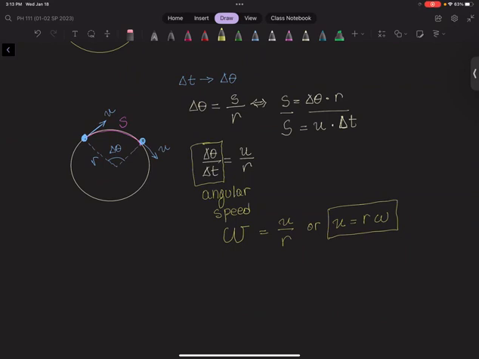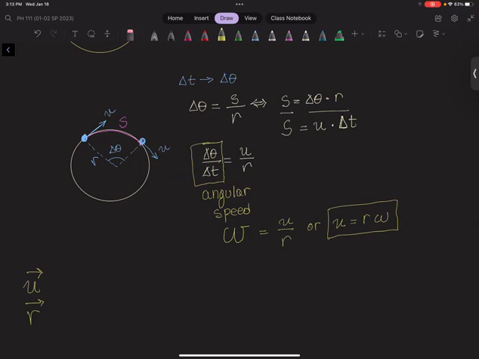U is a vector, yes? Yeah. What about R? You can conceive it as a vector, right? What of omega?